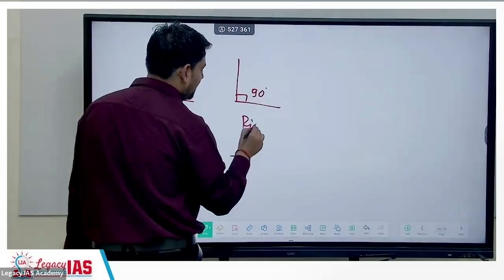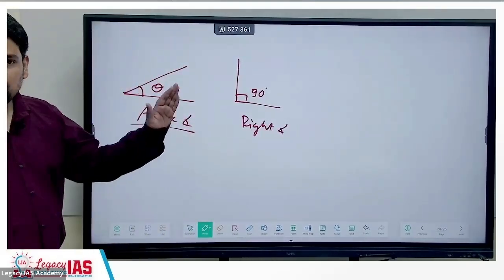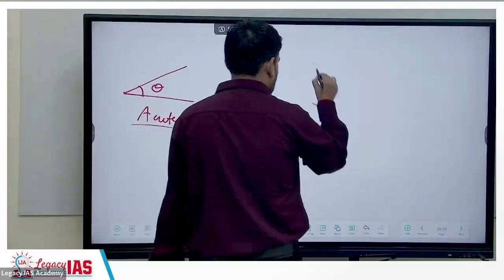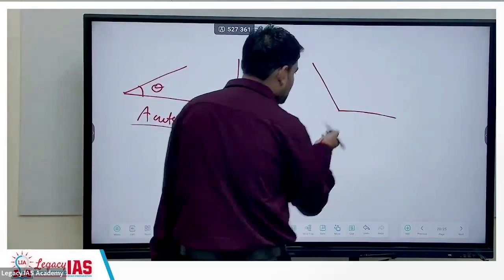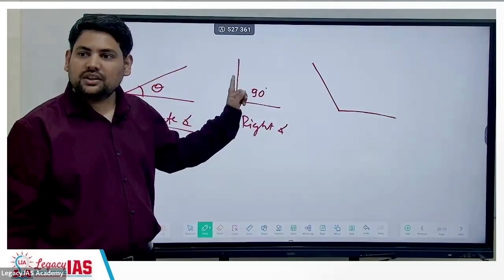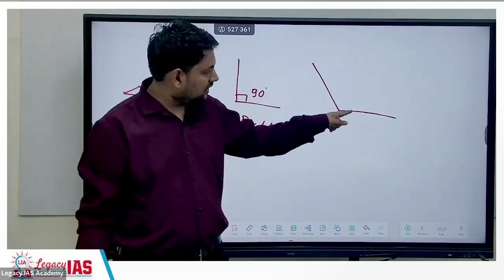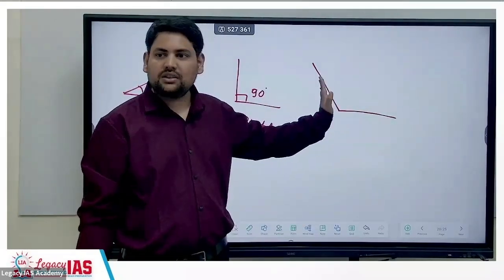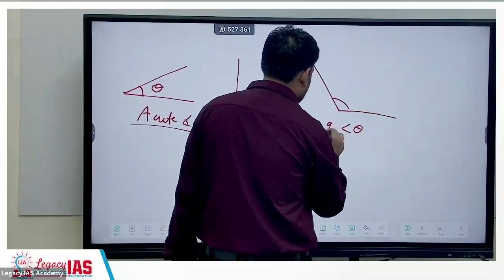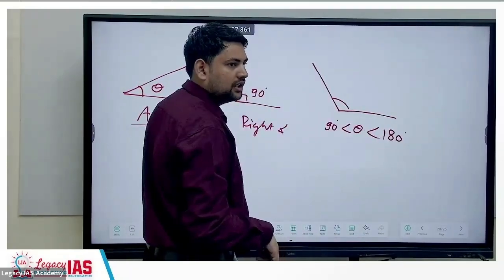This is a right angle. Then, if you go beyond it a bit, it becomes what? Obtuse angle. If something looks like this beyond 90, it has an angle more than 90, but less than 180-degree.